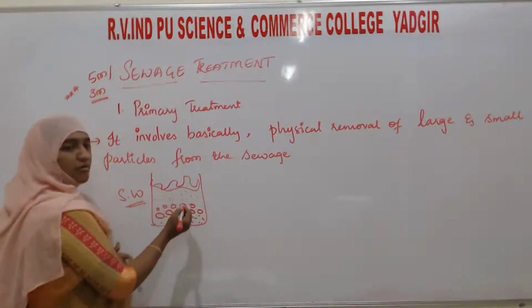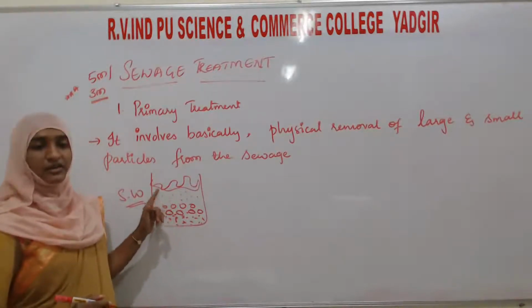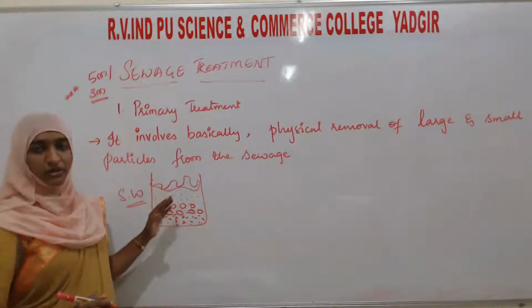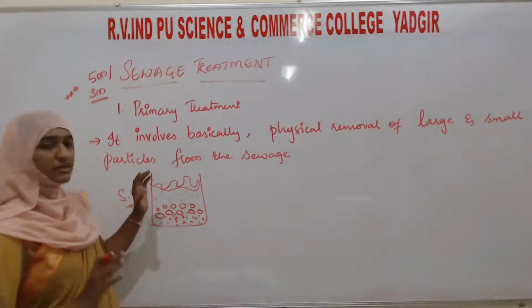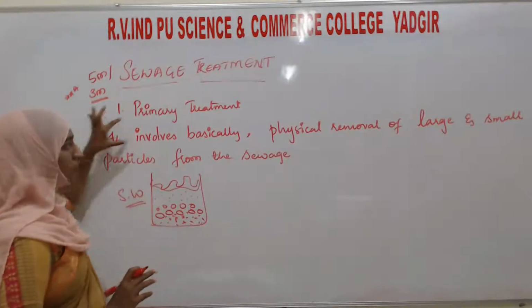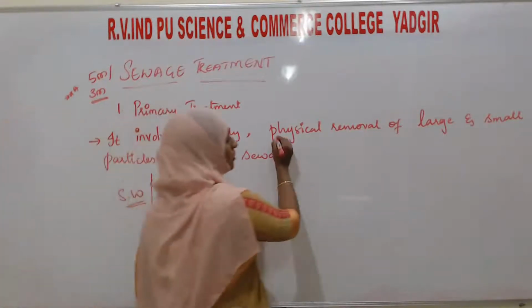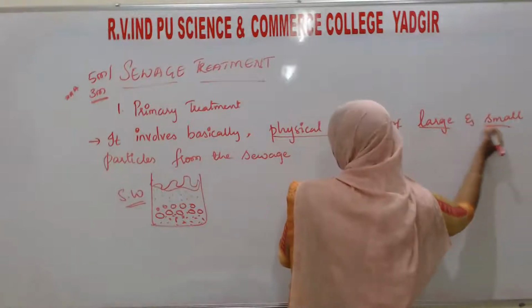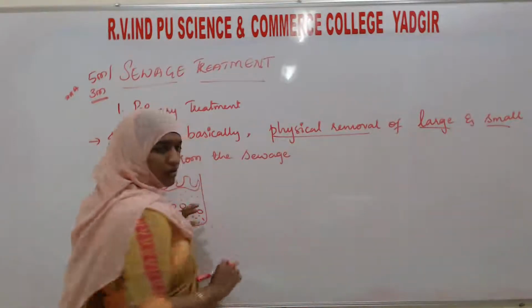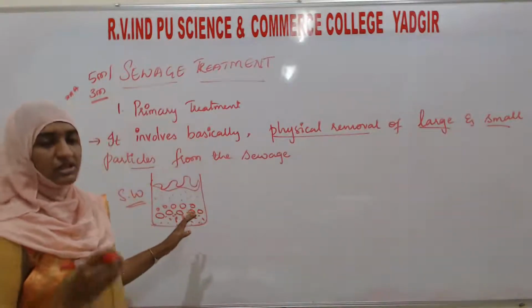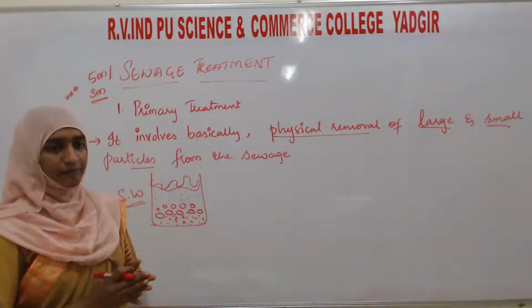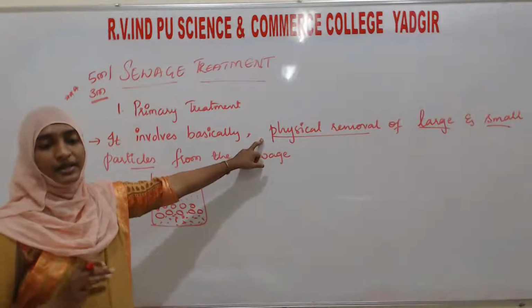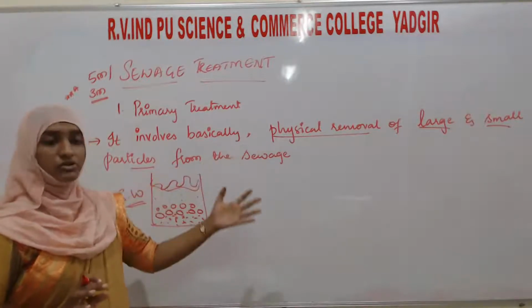These microbes are the pathogens, that is, disease causing organisms. So in the primary treatment, they are going to remove physically the large and small particles from this sewage. I will explain why they are saying physically.